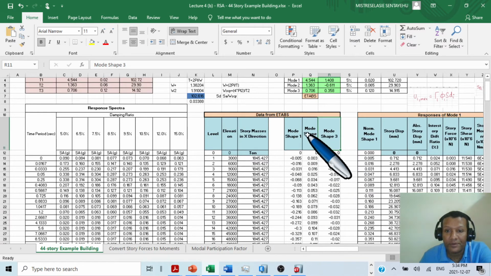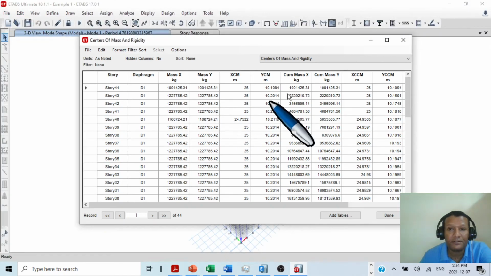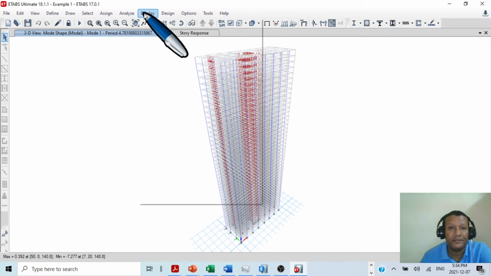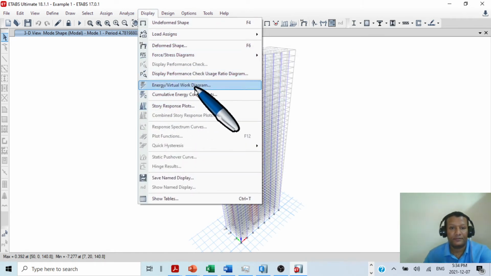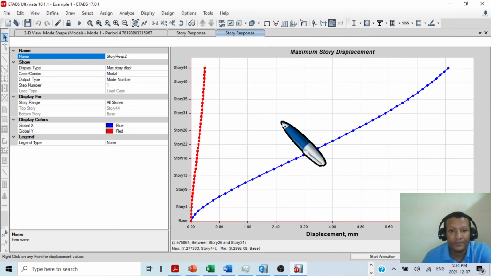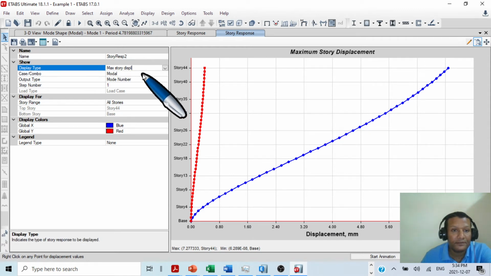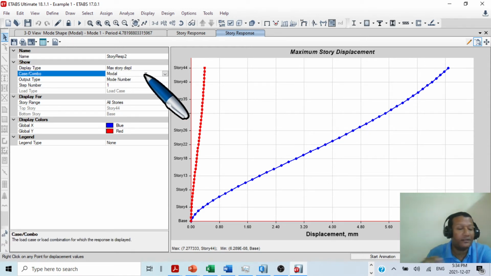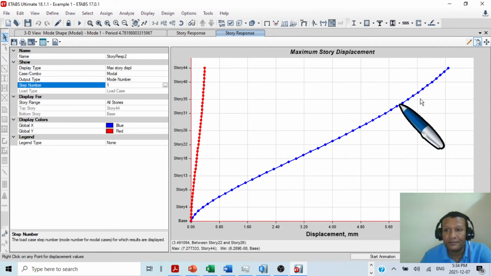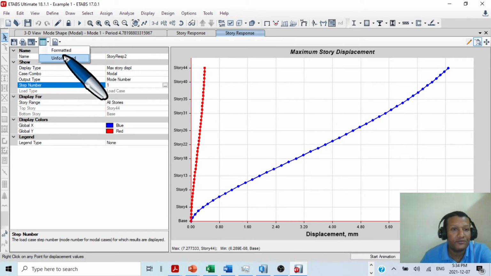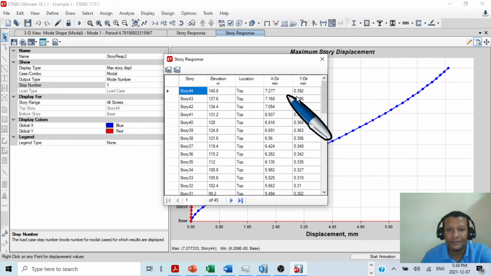Where will we find these? We will go here, display, story response plots. From story response plots, as you can see, from modal cases, this is mode 1. Then directly we will take it from formatted. These are the mode shapes.